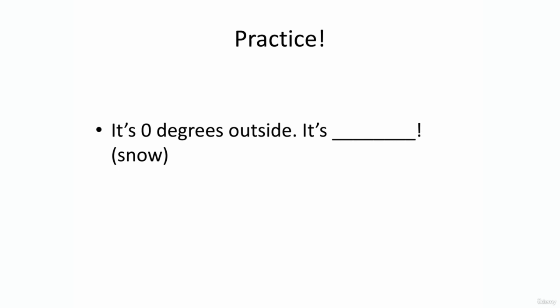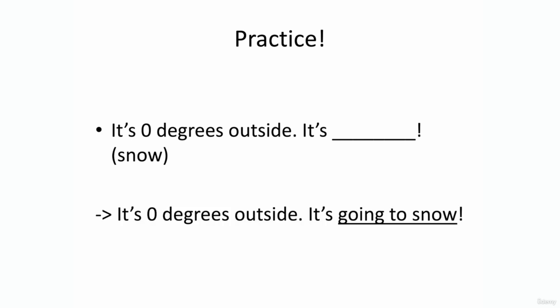It's 0 degrees outside. It's going to snow. We use going to in this sentence because we are talking about something that is very probable based on what we can see, which is the temperature outside.